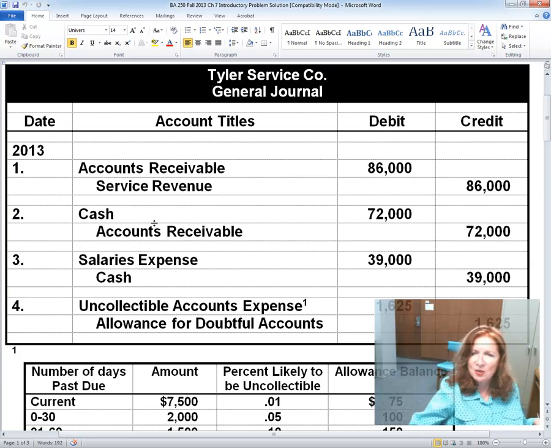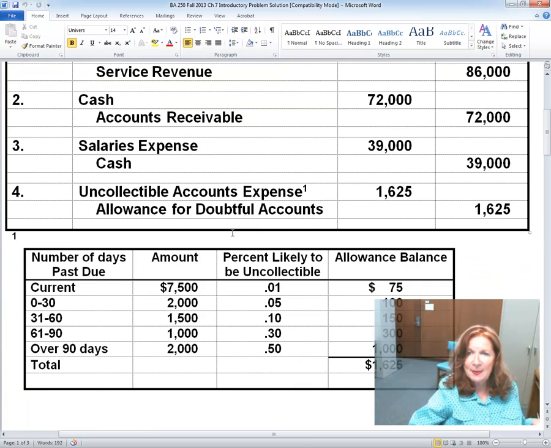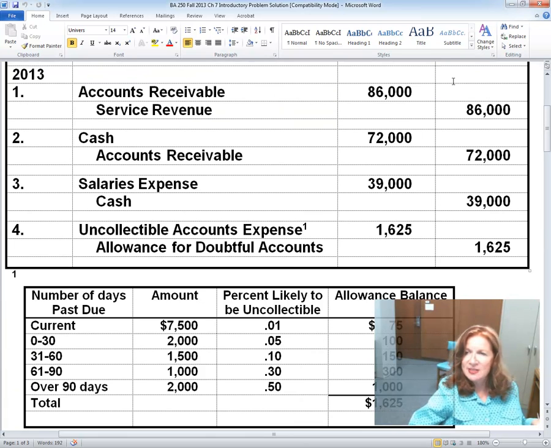So this first journal entry, we're going to be debiting accounts receivable and crediting sales for $86,000 because service revenue was $86,000. So I'm going to bring that up above my head a bit so you can see it here. Then we said in event 2, we collected accounts receivable.